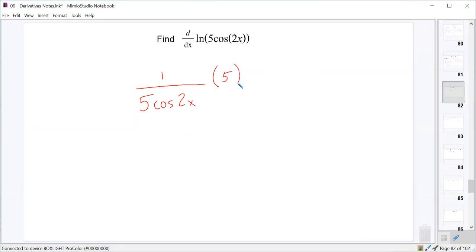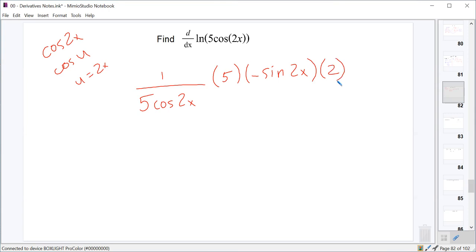And the derivative of cosine 2x requires us to use the chain rule, right? Cosine 2x is cosine of u, where u is equal to 2x. So the derivative of cosine u is negative sine u, or negative sine 2x. And then we'll multiply by the derivative of u, which is just 2.